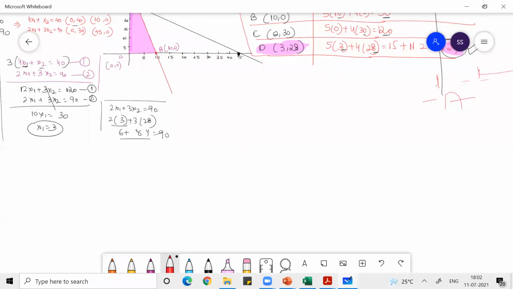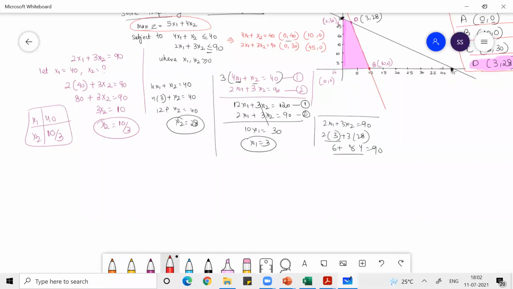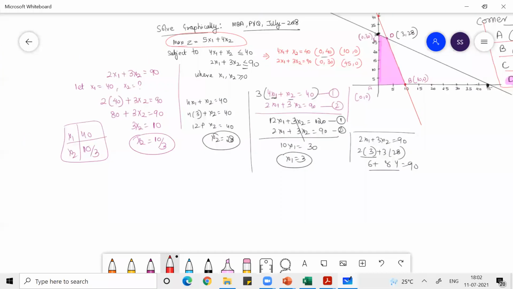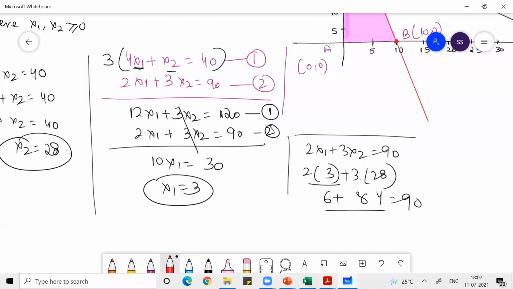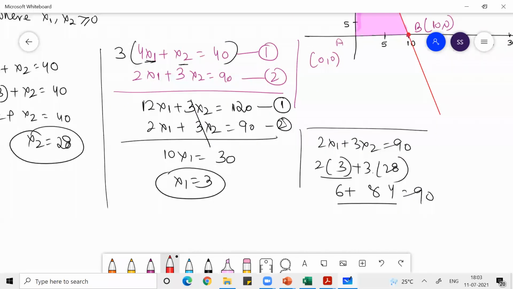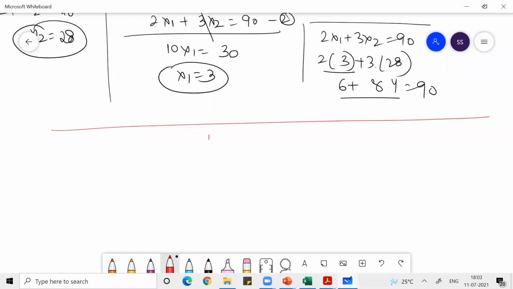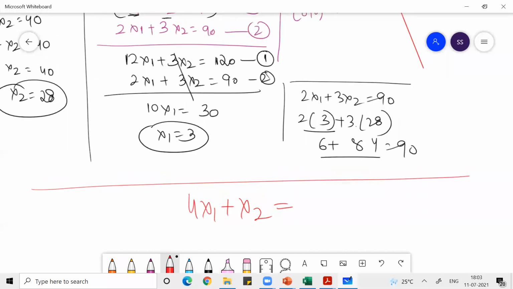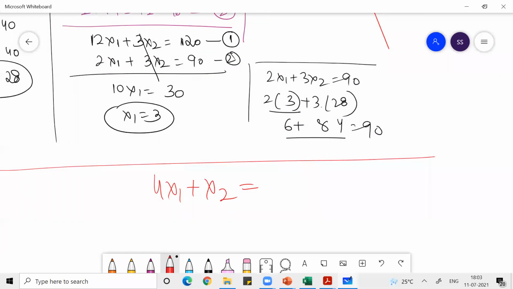Okay. So this was the question. He's not from India, so he needs to know from the first. This is 4x1 plus x2 equal to 40.